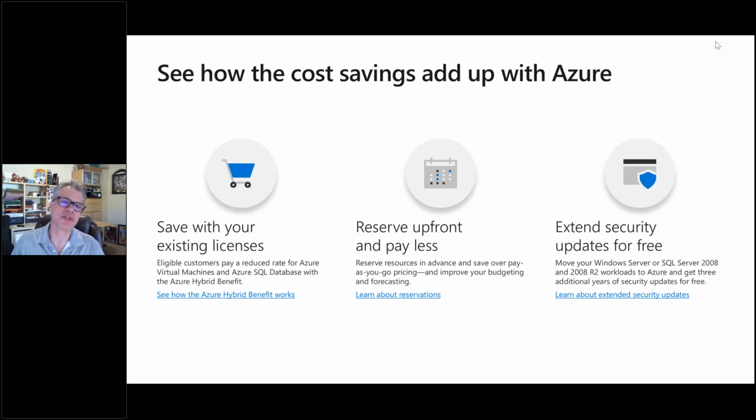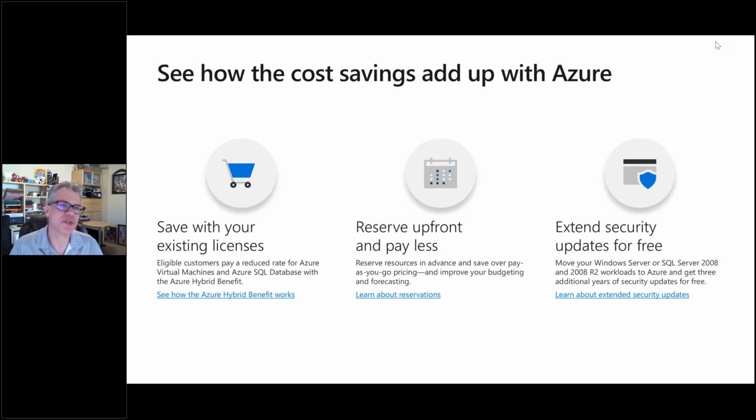And so the way that works is, if you look at the price for a virtual machine in Azure, we'll pick some D2 or D4, whatever size machine that happens to be, and let's say it's $130 a month for a Windows server. Well, if you take Windows off it might only be $100 a month. So if you're at $130, 30 of that might just be for the Windows licensing.